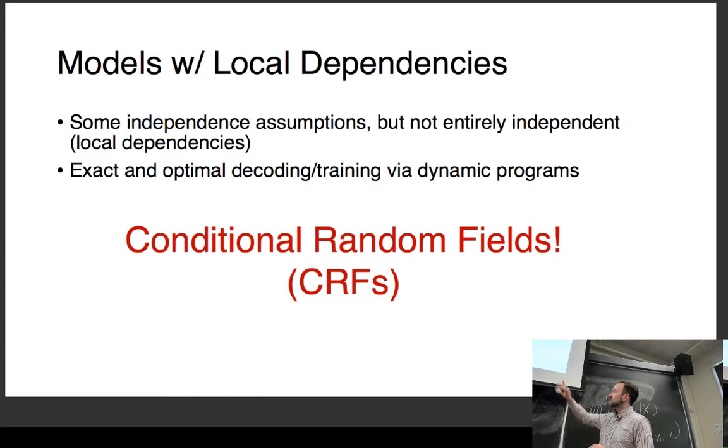One example of this is conditional random fields, which I'll be talking about in a moment. In conditional random fields, you have exact and optimal decoding and training, and you can do this with a dynamic programming algorithm. Specifically, it's something like the Viterbi algorithm, which I believe people have done in algorithms for NLP, if you took that, right? So I'll assume that you know this, and then just reiterate the main points.